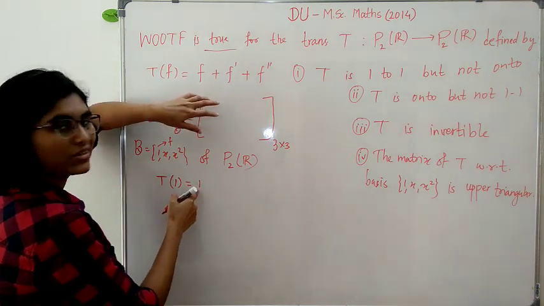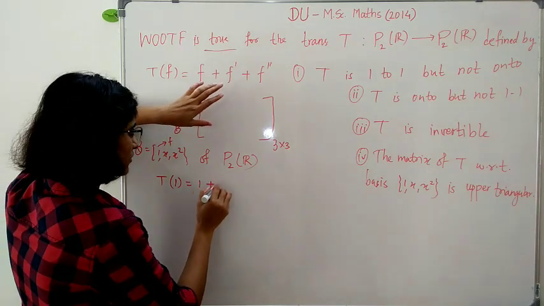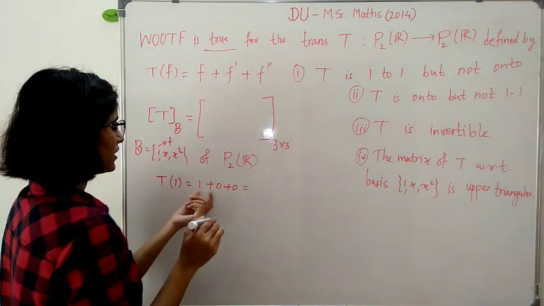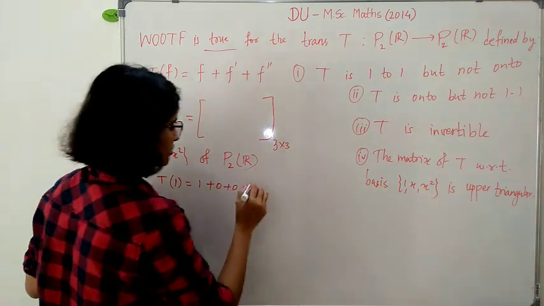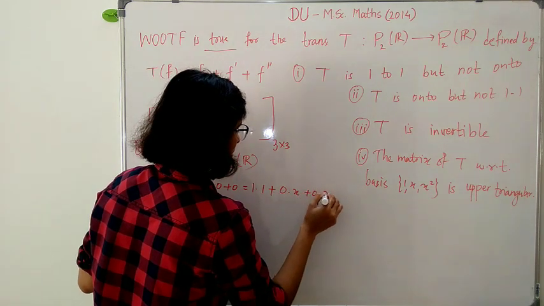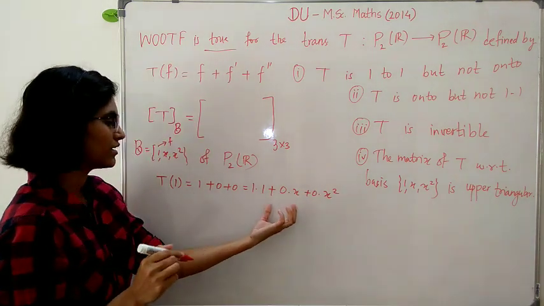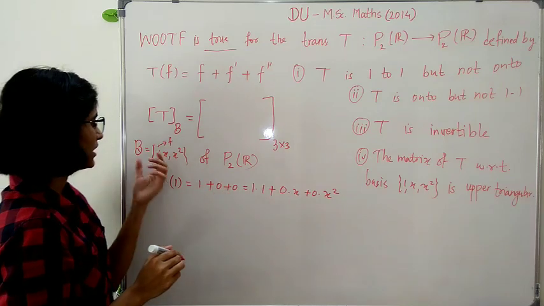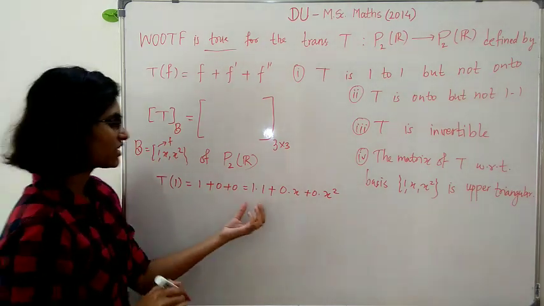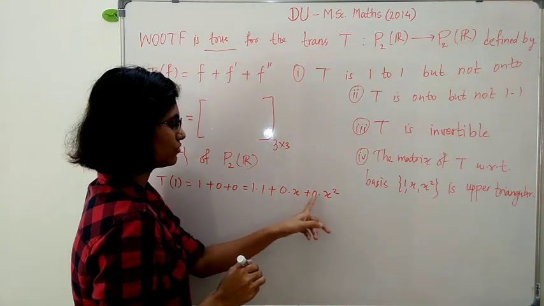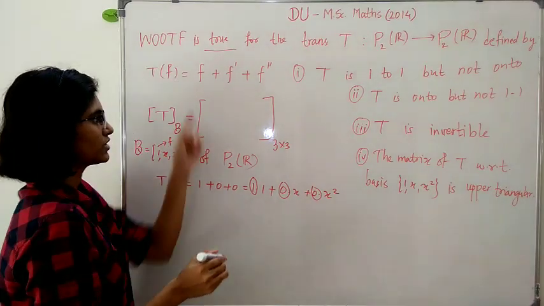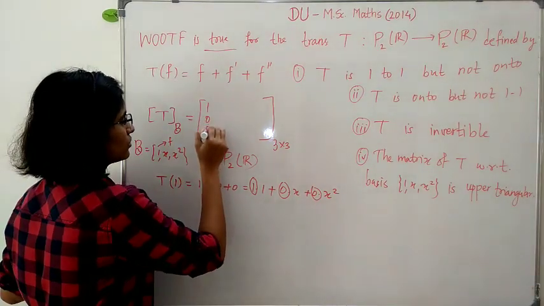So derivative of 1 is 0 because it is a constant, and again its derivative is 0, right? Now clearly we can write this as 1 into 1 plus 0 into x plus 0 into x square. That means we are expressing this vector as the sum of these elements, right? So this is just equal to 1, 0, 0. So take these coefficients and write them vertically. So this is 1, 0, 0.